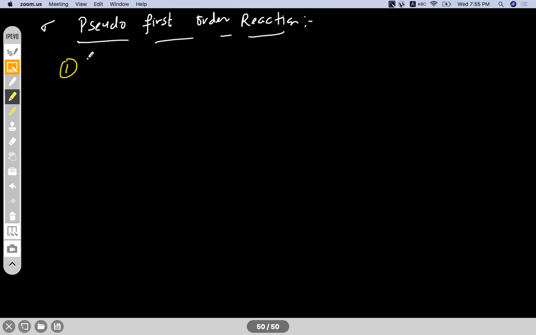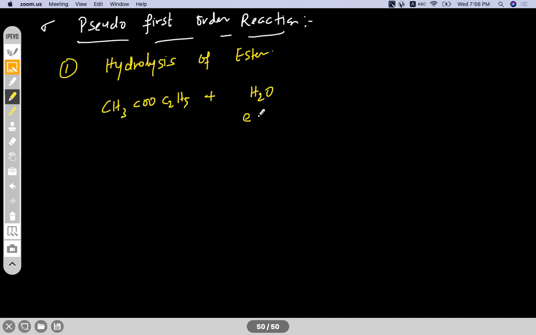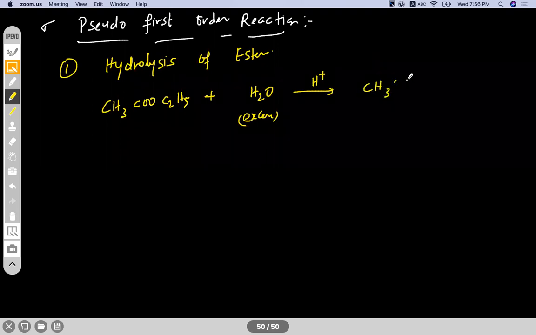The examples we have already done, you see: hydrolysis of esters. The reaction is, for example, CH3COOC2H5 plus H2O excess, in presence of acid, it converts into CH3COOH and C2H5OH.